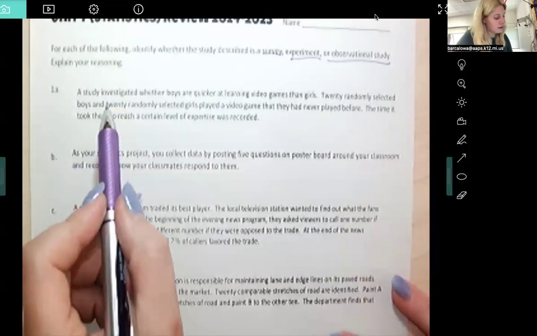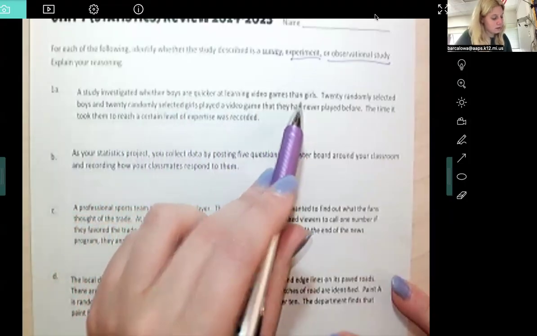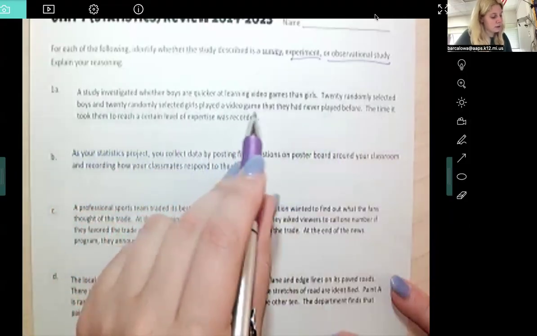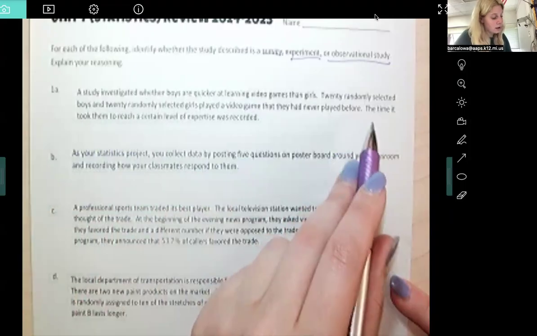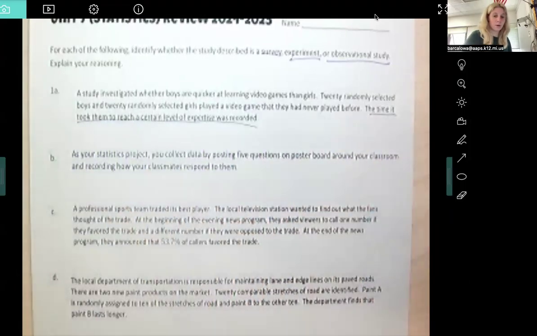Okay, a study investigated whether boys are quicker at learning video games than girls. 20 randomly selected boys and 20 randomly selected girls played a video game they had never played before. The time it took them to reach a certain level was recorded. Okay, so I have two groups, but the people running the study are not forcing these two groups.